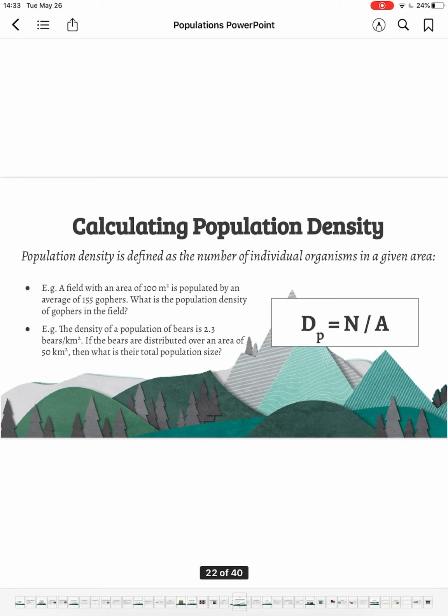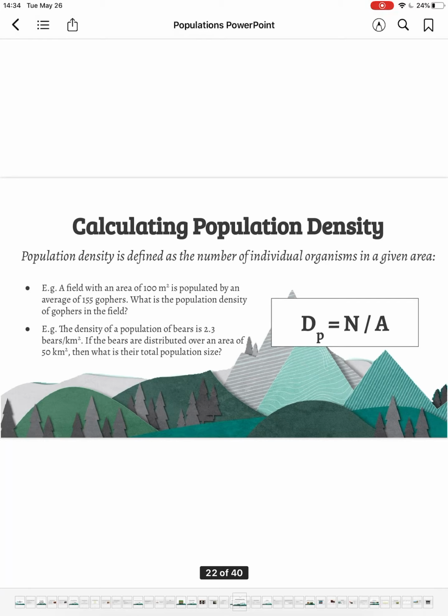So China would have a bigger population density. And if we're thinking about times like now when we're in a pandemic, this is definitely a time where we would want a lower population density, because if there are fewer people in an area, there's less chance of spreading a disease. More people, greater chance of it going crazy.